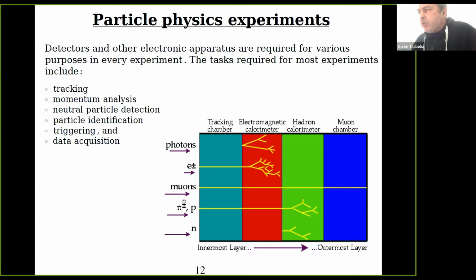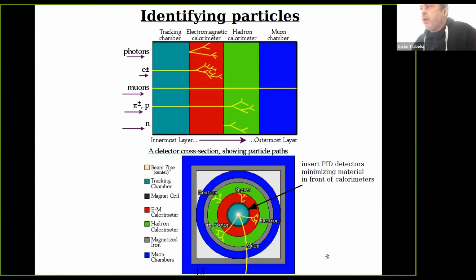And other charged particles have some reaction between what I mentioned for the electrons and the muons, and so will decide the location of the hadron calorimeter when you have one. Okay, this is what happens. So now you have the layout from innermost to outermost.